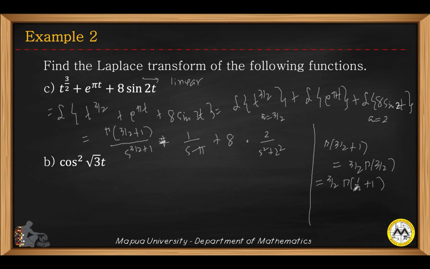Applying the property that gamma of n plus 1 is n gamma of n, we have 3 halves times 1 half gamma of 1 half.